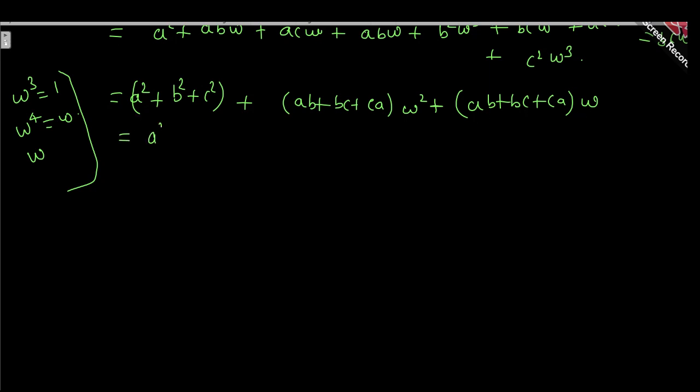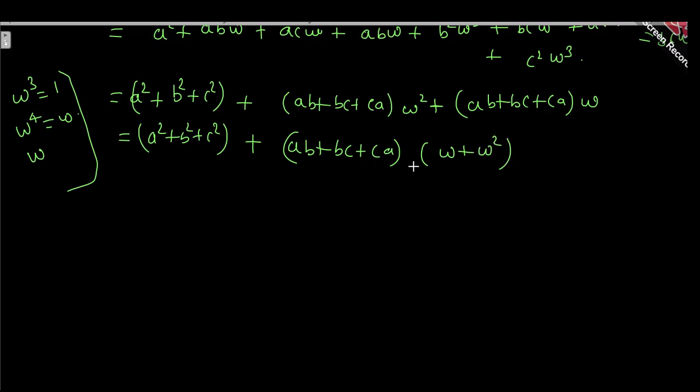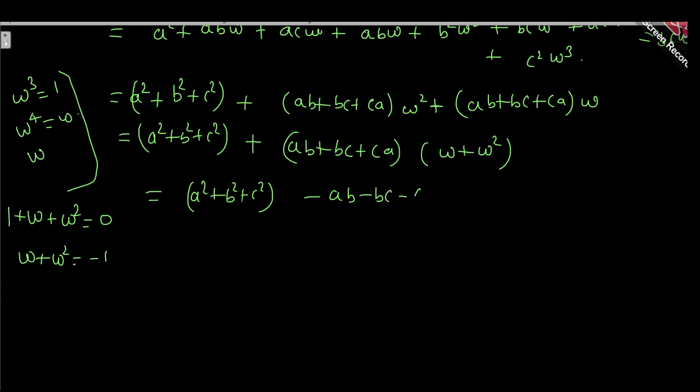Now we have a square plus b square plus c square, and if we take ab plus bc plus ca as common, we have omega plus omega square. Also we know the property of cube root of unity that 1 plus omega plus omega square is equal to 0. So omega plus omega square is equal to minus 1. So we have a square plus b square plus c square, and multiplying by minus 1, we have minus ab minus bc minus ca.